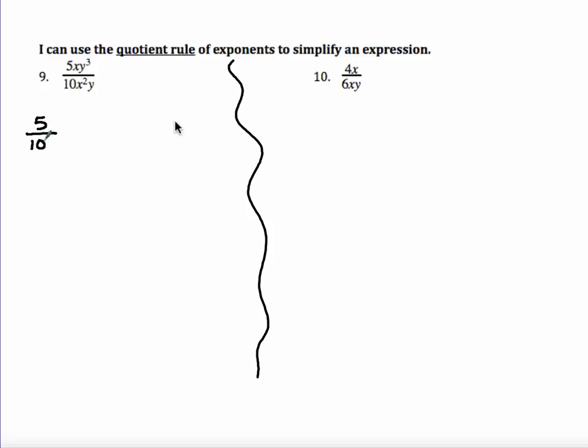If there were no x's and y's at all here, I would be able to simplify this fraction just as a normal fraction. Then I've got x over x squared, and then I've got y to the 3rd over y. Again, I'm going to simplify this just as a normal fraction. If I didn't have any other x's or y's, 5 over 10 is the same as 1/2.